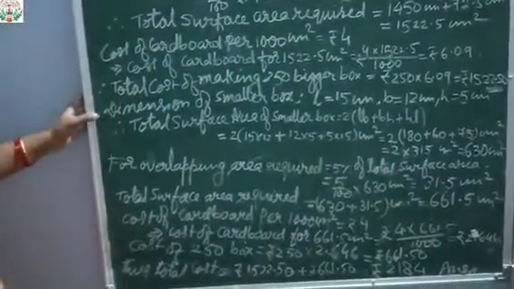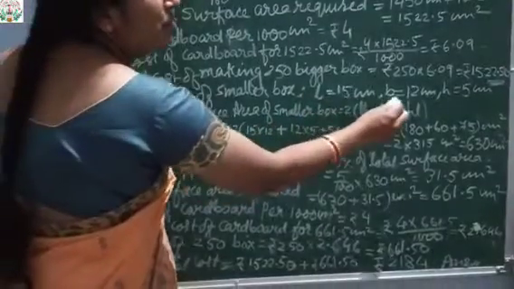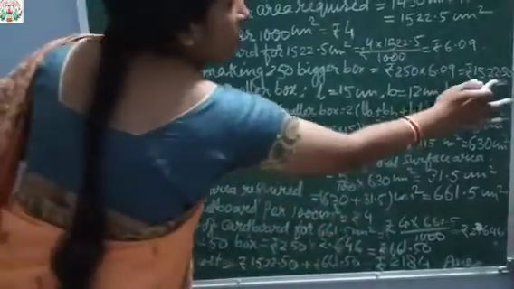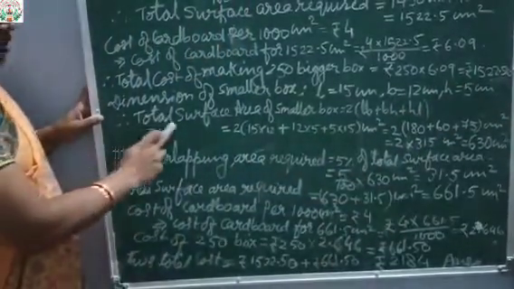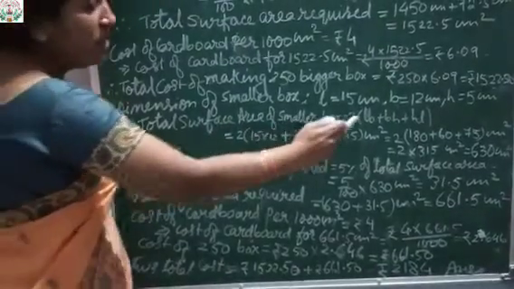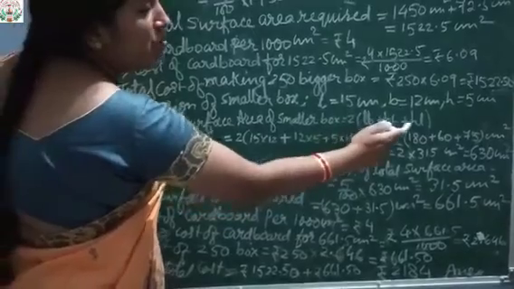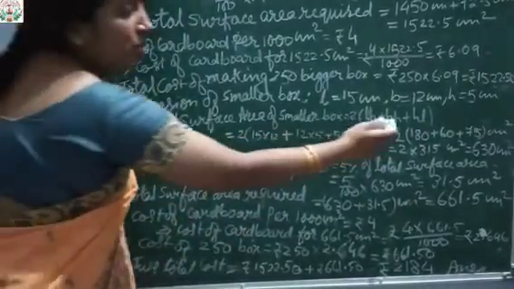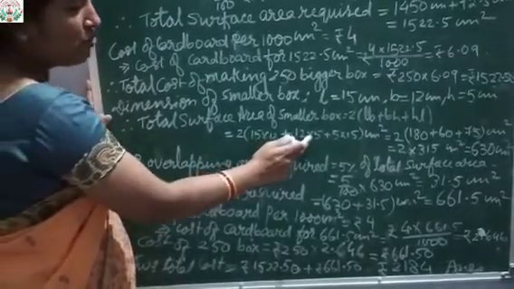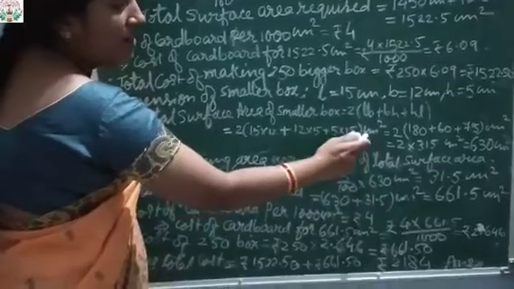Now the dimensions of the smaller box are given as L is 15 cm, B is 12 cm and H is 5 cm. For that, the total surface area will be the same formula, as it is also cuboidal. So 2 into (LB plus BH plus HL). Putting the values, that is 2 into (15 into 12 plus 12 into 5 plus 5 into 15) cm square.